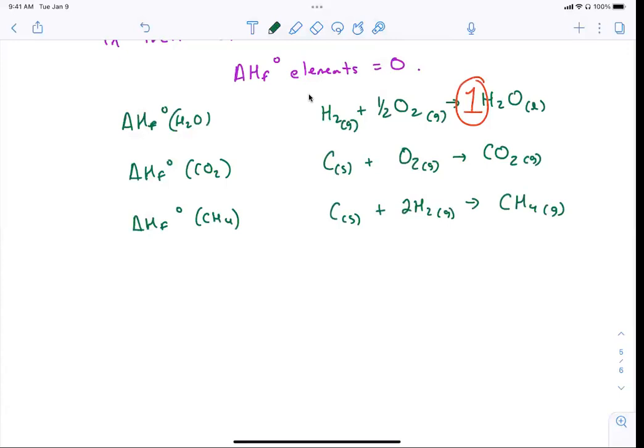This is me showing you how this works, because I think it'll be easier to remember than memorizing products minus reactants and reactants minus products, because it's really easy to get them backwards. If you memorize it wrong, you'll never know whether you got it right or wrong. But this way, you 1, reinforce what the enthalpy of formation reaction is, and 2, you have a logical way to see, okay, I'm thinking about this right, or I'm thinking about this backwards.